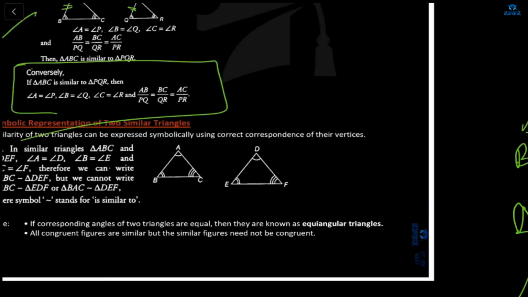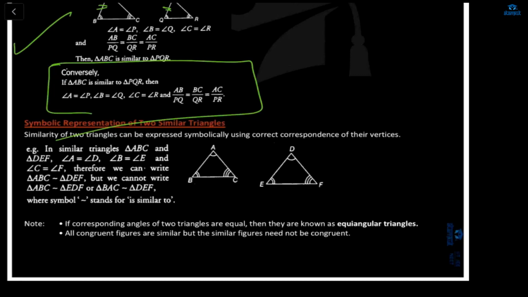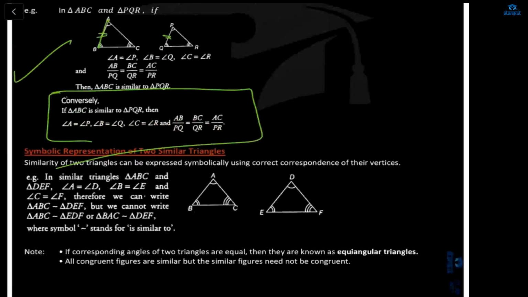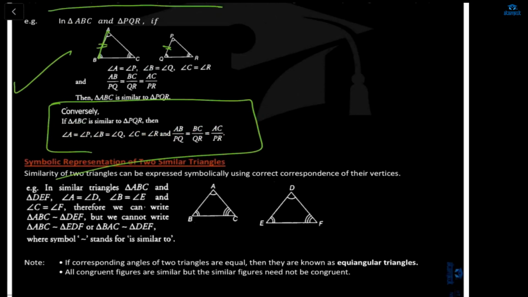Converse means if both the triangles are similar, that means the angles will also be equal and the ratios will also be equal. That is AB by PQ, BC by QR, AC by PR will be equal. Understood?